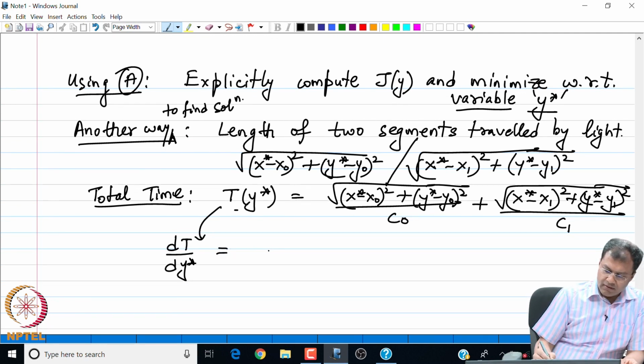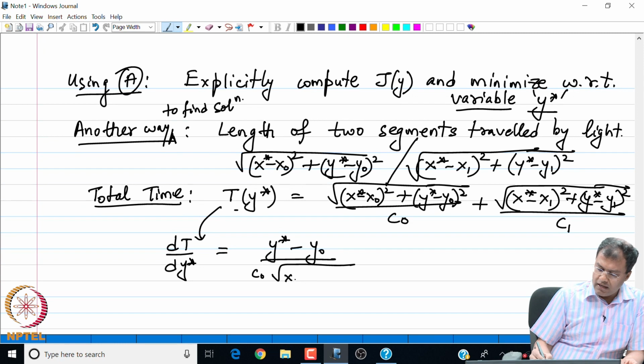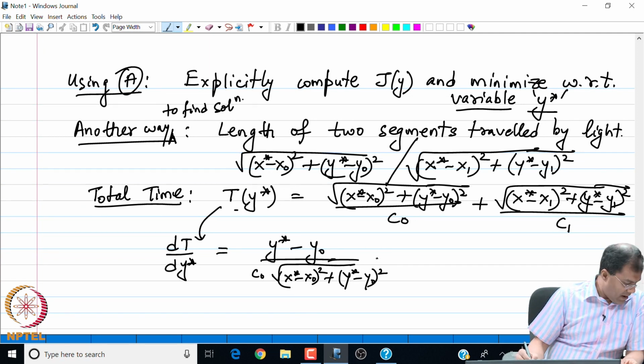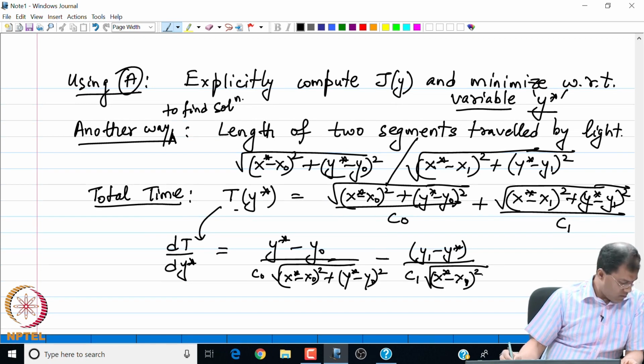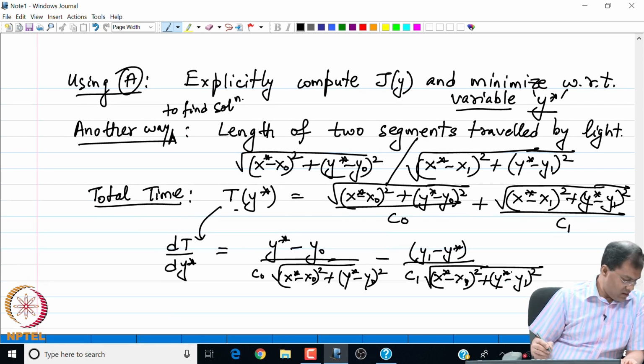When we differentiate, we get (y star minus y 0) divided by c 0 times the square root of (x star minus x 0) square plus (y star minus y 0) square, minus (y 1 minus y star) divided by c 1 times the square root of (x star minus x 1) square plus (y star minus y 1) square.